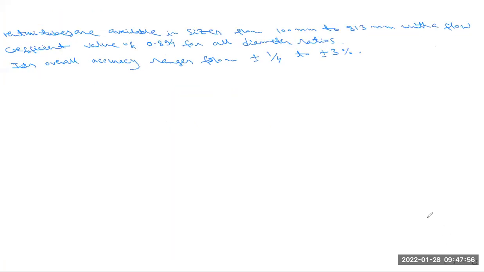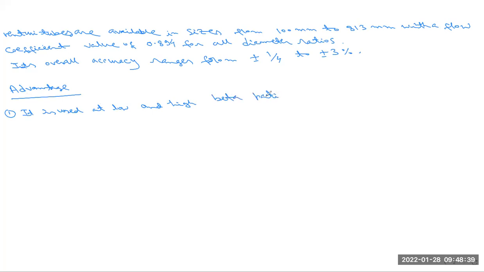So what is the basic advantage of this Venturi tube? Why do you have to use this Venturi tube in the process control industry? First, it is used at low and high beta ratio.